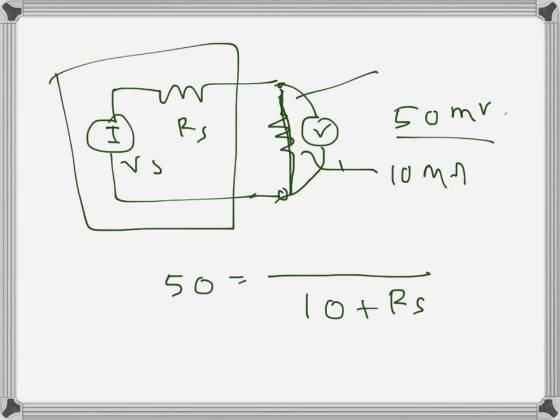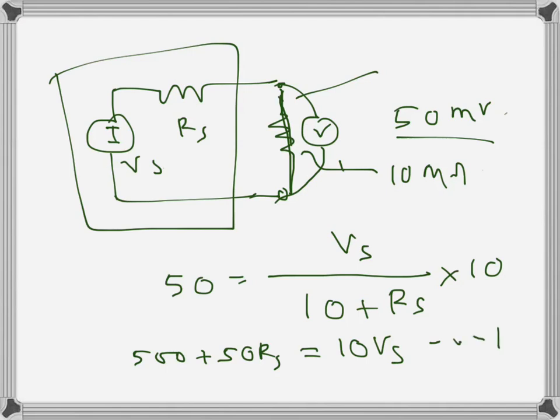And here we have Vs, the actually generated DC voltage, times 10, since we are calculating the voltage drop across 10 mega ohms. So this can be written as 500 plus 50 Rs is equal to 10 Vs. Equation 1 we can write that.